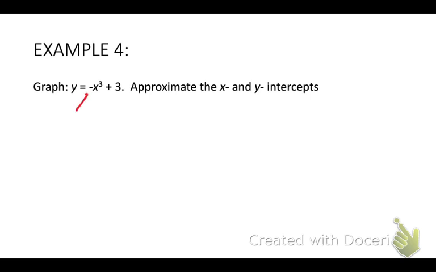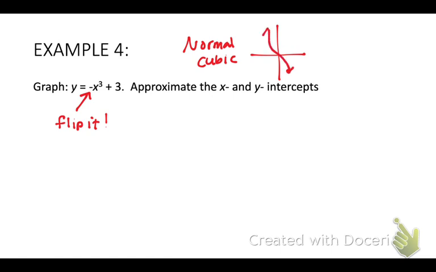So what's this negative going to do to my graph? It's going to flip it, right? So we know that a normal cubic graph is going to look like this. So a negative cubic graph we know is going to be like this, right?